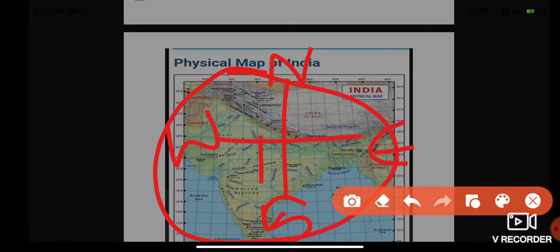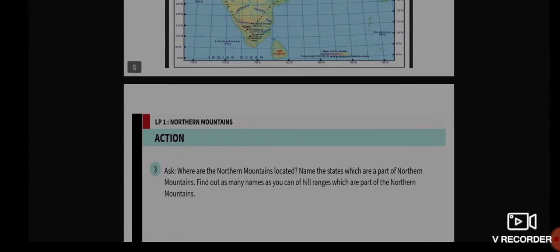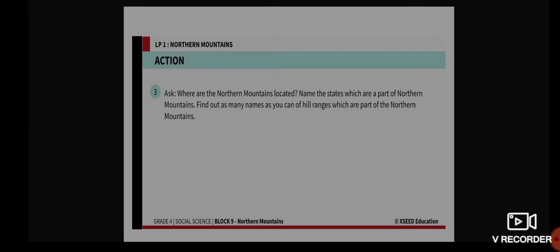North is pointing toward the upper side, isn't it? So the question is asking, where are the northern mountains located? Name the states which are a part of the northern mountains, and find out as many names as you can of hill ranges which are part of them. Some of you might know and some not, and that is okay. You'll know different names as such.